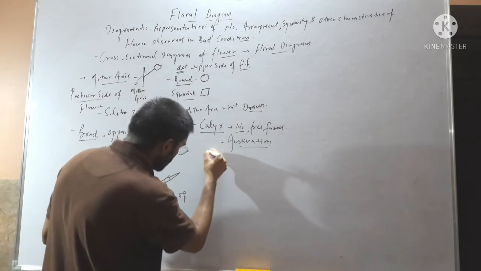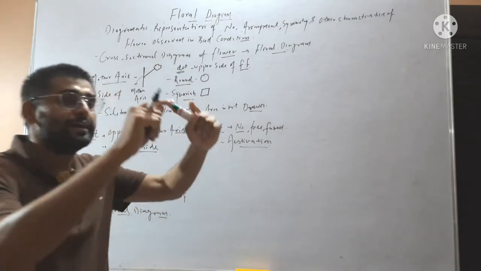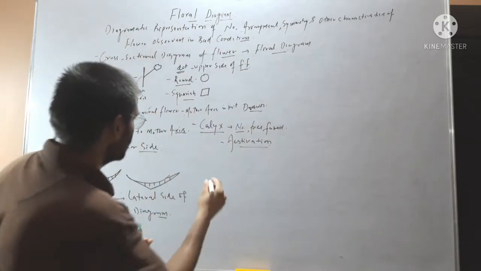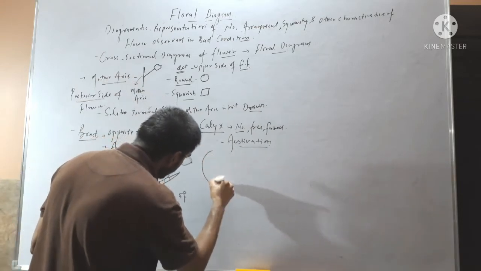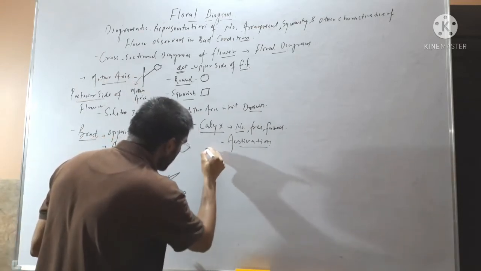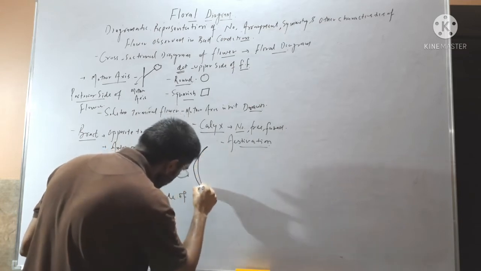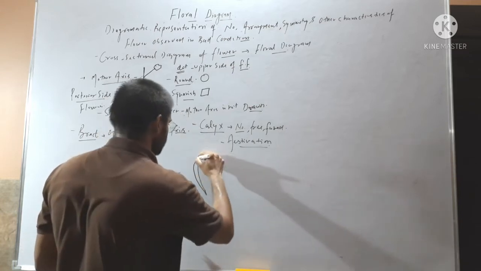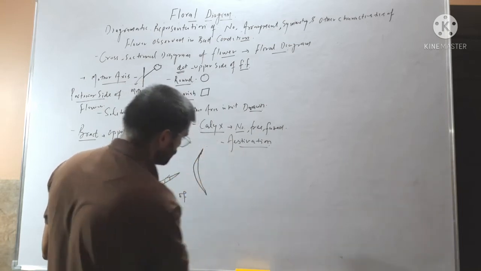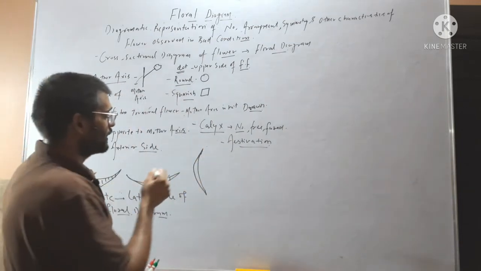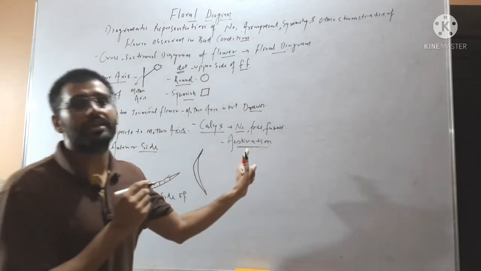They will also be drawn in a circle, the outer circle, in the form of an arc, like this, according to their estivation.